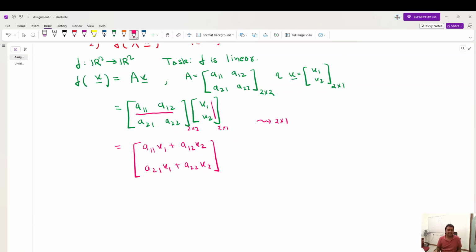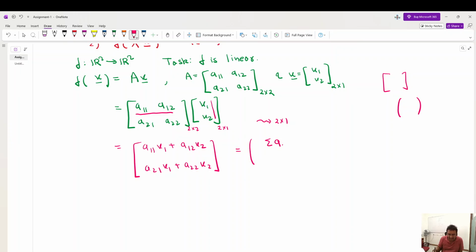You can write this in a concise manner also if you want. Let me write it like this. You can write it as a matrix. I can use these kind of brackets or these kind of brackets. Both I will use to represent a matrix, so don't get confused. So you can write it like this. If you have observed what is happening, you're varying row wise. Which index is fixed?